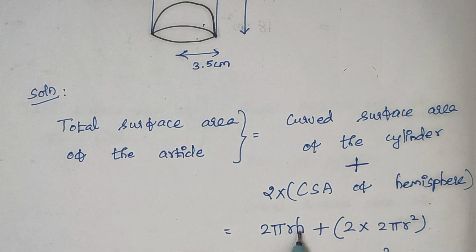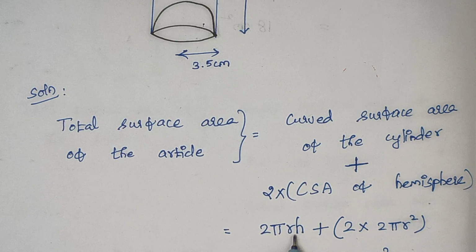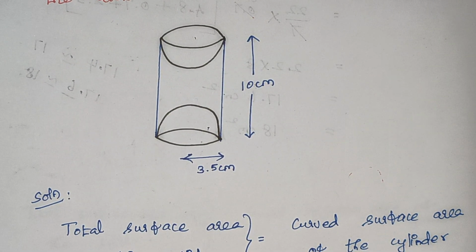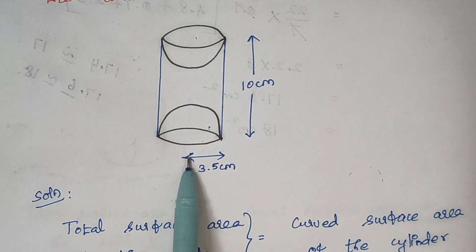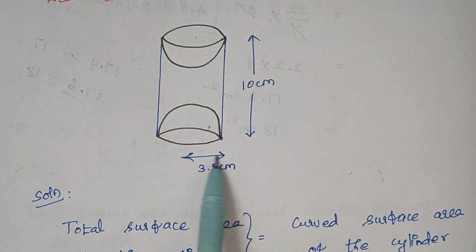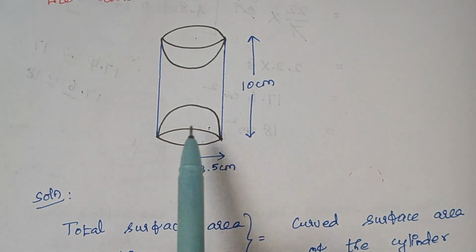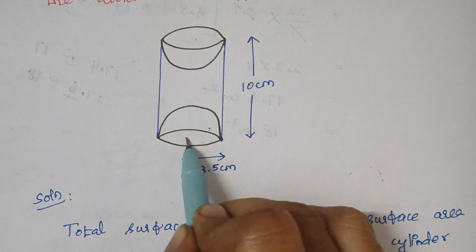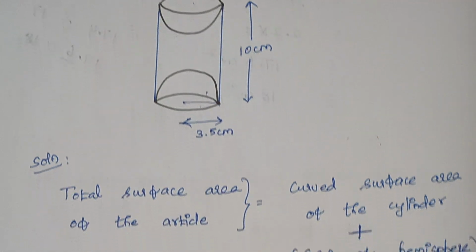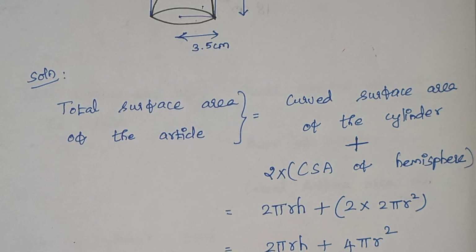So again when you observe keenly, the radius is common for the hemisphere as well as for the cylinder, because the radius of the cylinder is given as 3.5. So obviously the radius of the hemisphere is also 3.5. So we can take r as a common parameter outside.